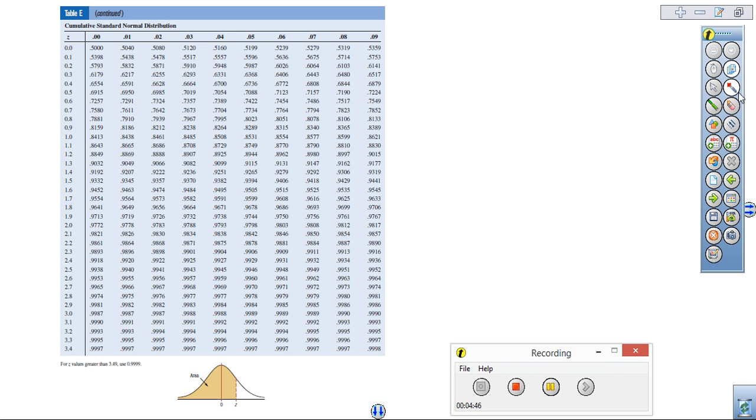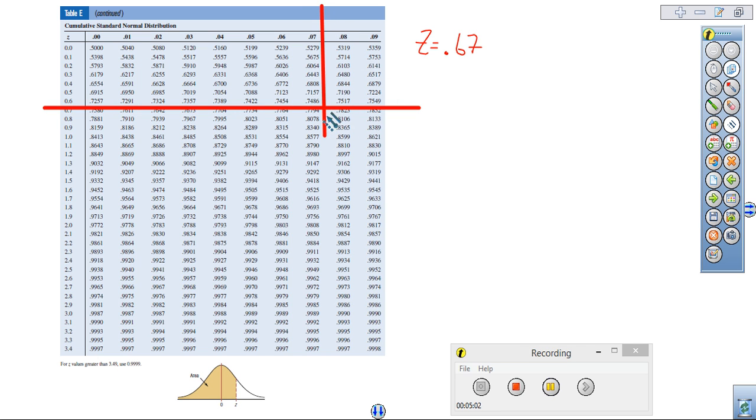So we come on back here, we have a z-score of 0.67 on our table E. We grab our straight edge, we do our 0.6, we do our 0.07. This gives us our two numbers together.